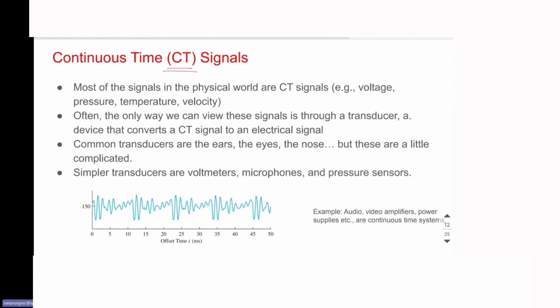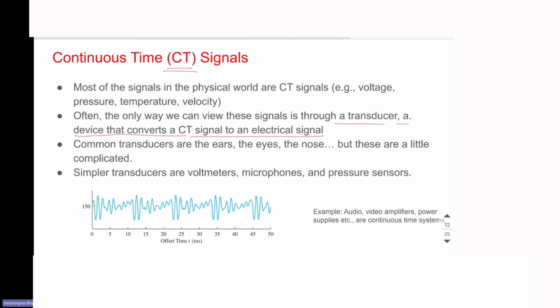Now how do we view these signals? We can view them through a transducer, a device that converts the continuous time signal into an electrical signal, and then we can see the particular signal.